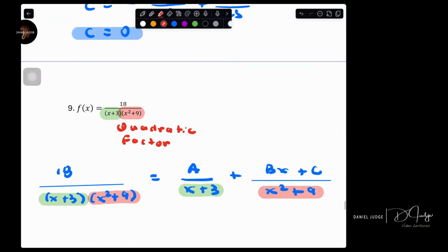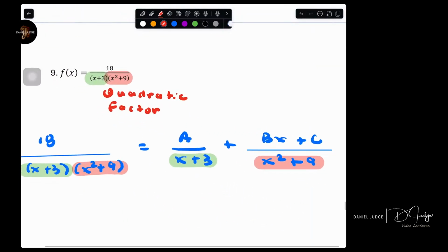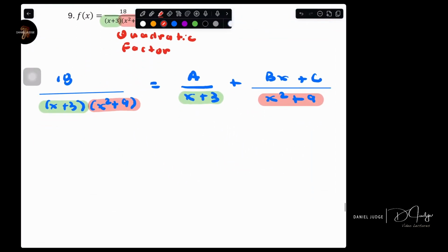All right. Using our addition algorithm for fractions, you get a times x squared plus 9 plus x plus 3 times bx plus c.